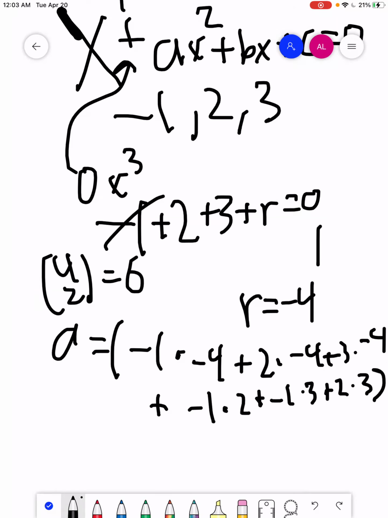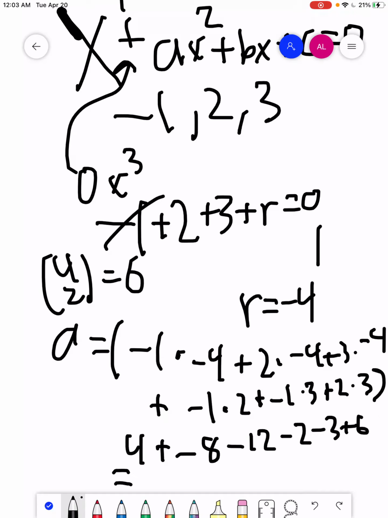This will be equal to 4 plus -8 minus 12 minus 2 minus 3 plus 6. These cancel out, giving -15. So a is equal to -15.